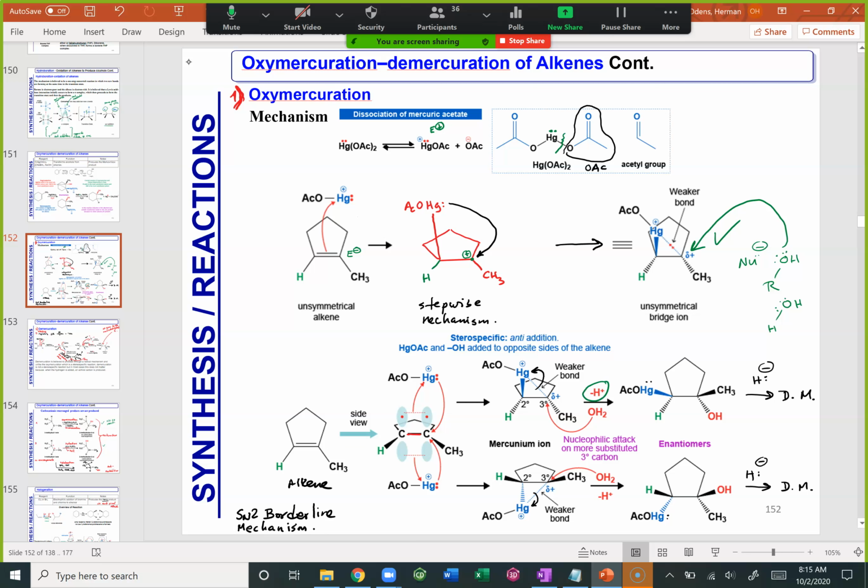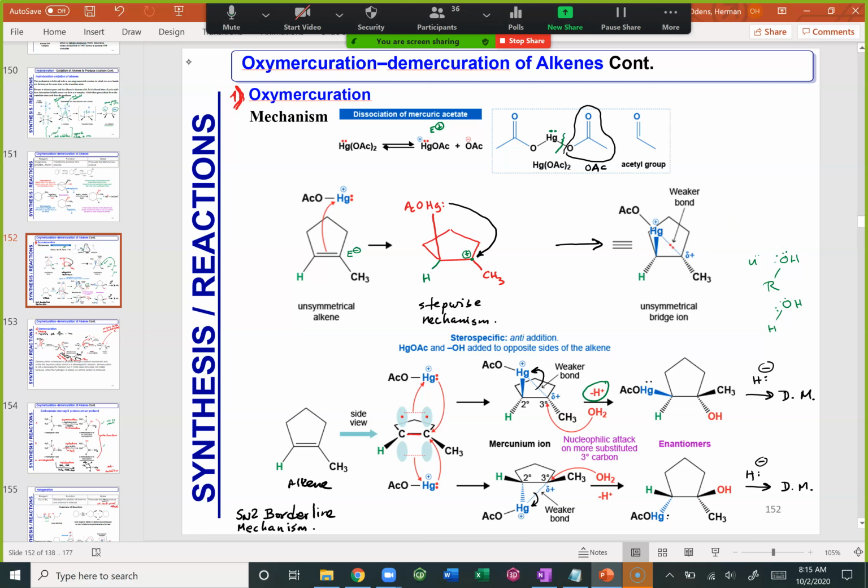That is a way of saying, hey, after I attack with water, I have to lose a proton, and usually with water, to get the free OH group. So that is the same thing as you getting this right here, and then another molecule of water comes and grabs it to neutralize it and to get to here. Same exact thing. All right, so that's 3 mechanisms that you need to know.